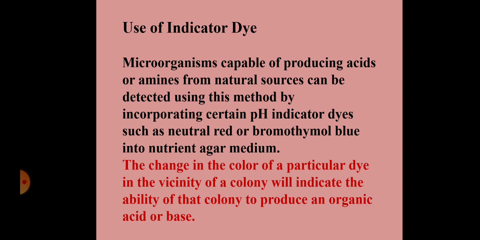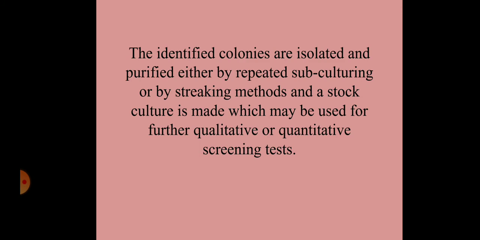If the colony is surrounded by a yellow color, it indicates that the organism is able to produce acid, because at acidic pH, the color of bromothymol blue changes to yellow. So change in the color of the particular dye in the vicinity of the colony indicates that the organism is able to produce organic acid or amine.